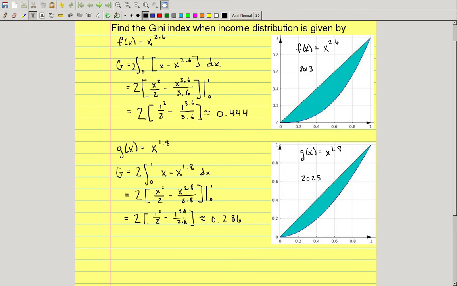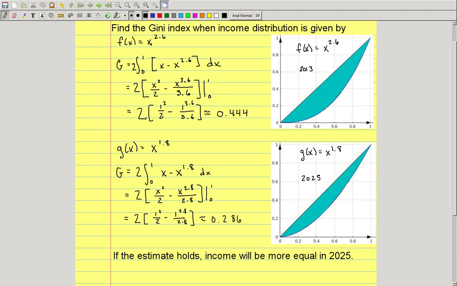So our conclusion is, if the estimate holds, income will be more equal in 2025. So, again, an index closer to 0 means more equal distribution of income.